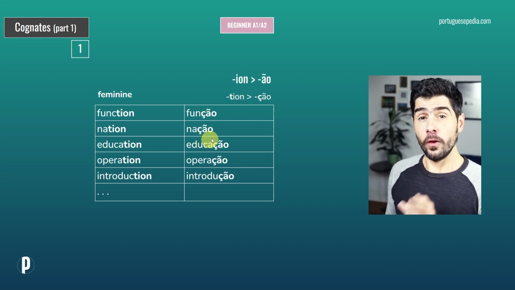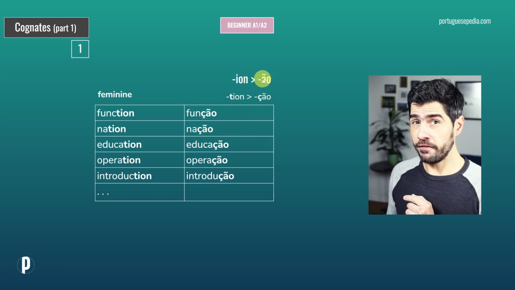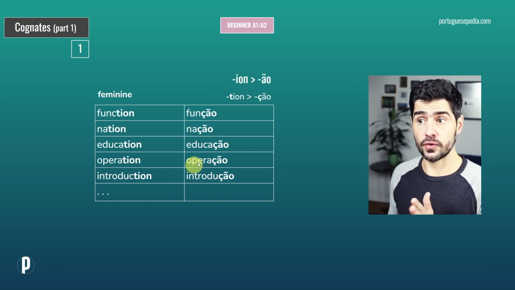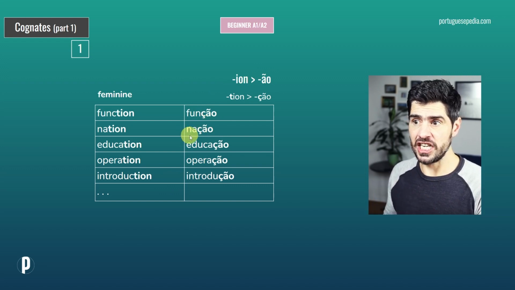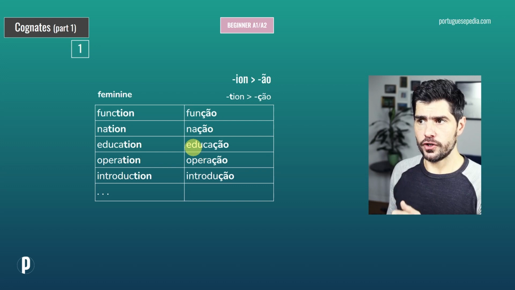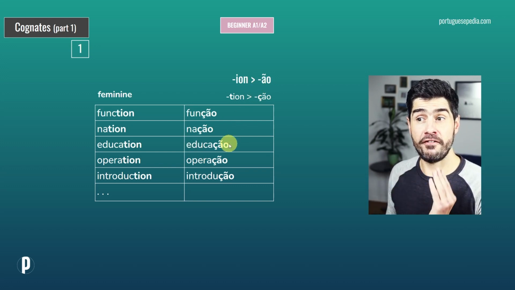So all words in Portuguese ending in ão are feminine, as long as we are referring to abstract nouns. So abstract nouns, right? Função, it's an abstract concept. Nação, nation, it's an idea. Educação, it's an idea. They are abstract nouns. And abstract nouns in Portuguese that end with the suffix ão are feminine.